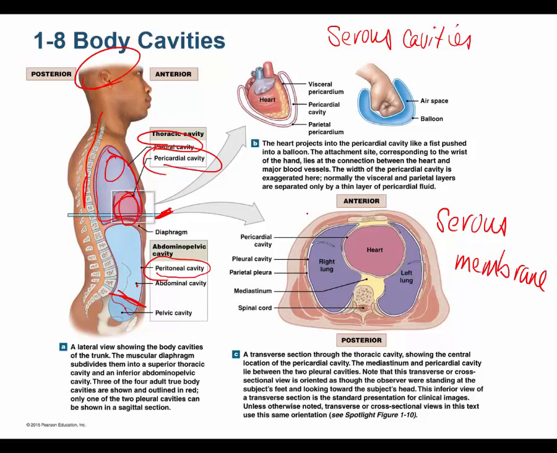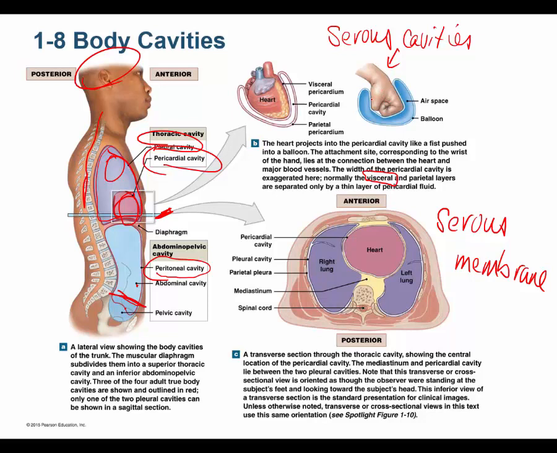And the heart, the lungs, and all the viscera of my abdominal pelvic cavity, viscera being the term I'm going to use for the organs of the abdominal pelvic cavity, those organs are like a fist being pushed into a balloon, what you see right here. All right. So this could be the heart, or this could be the lungs, or this could be the stomach. It could be an organ like that.